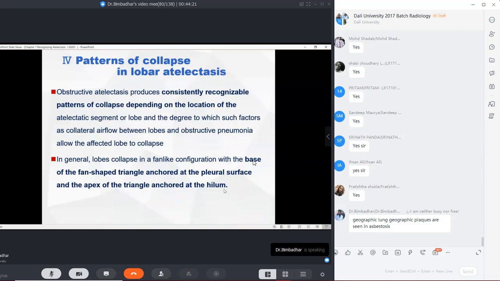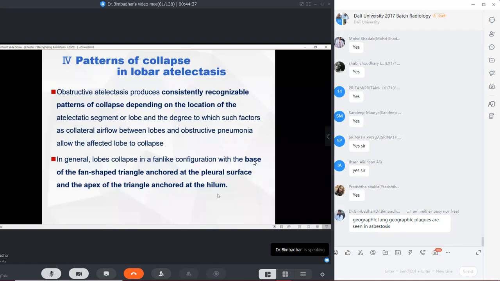That is what you have to remember in this pattern. Any kind of structure will be pulled towards the hilum. That is our overall take-home message.